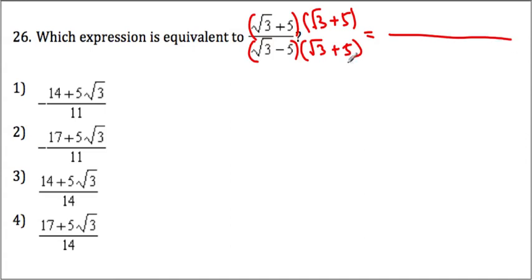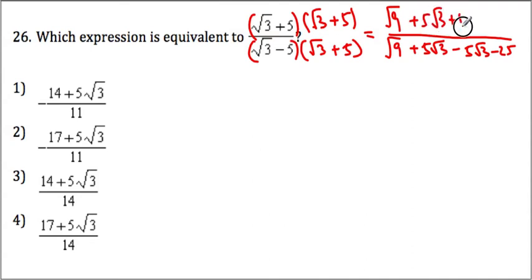Now here on the denominator we get 9, square root of 9, and plus 5 square root of 3 minus 5 square root of 3 minus 25. On the numerator we get 9, square root of 9, plus 5 square root of 3 plus 5 square root of 3 plus 25. It'll be awesome if you didn't have to do it one at a time, but I just did it to show you what's going on.